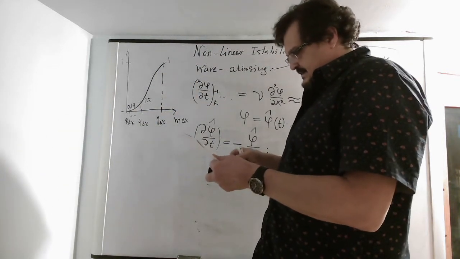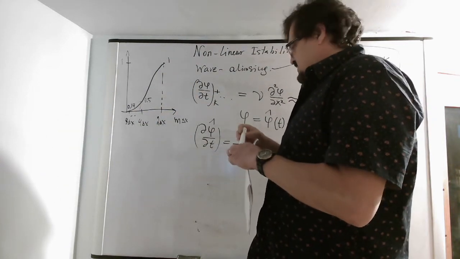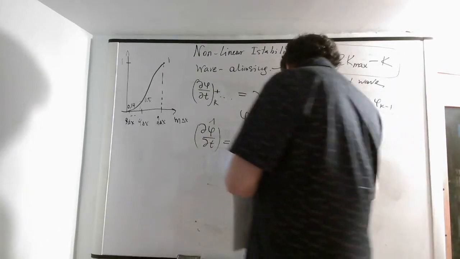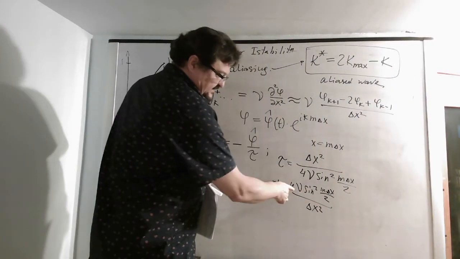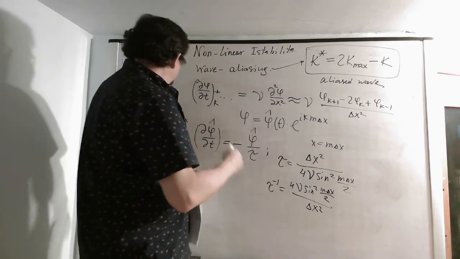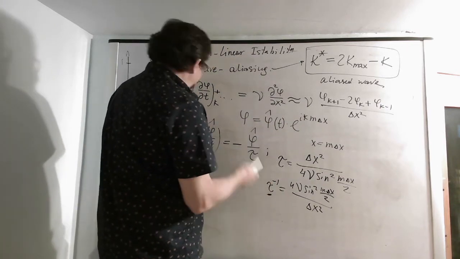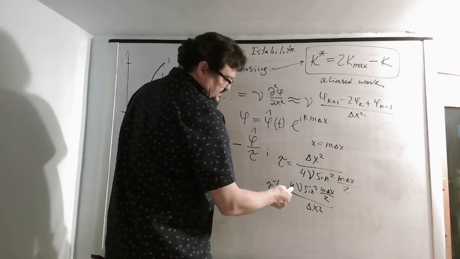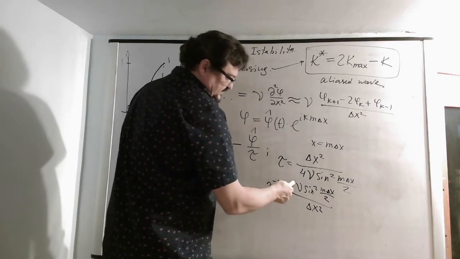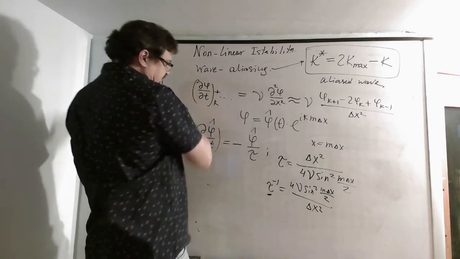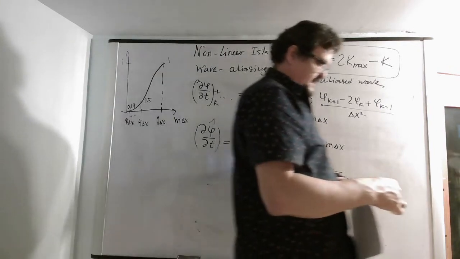Of course, now it depends on nu. So you need to multiply to find the actual tau. What we plotted is just 4 sine squared, over delta x squared, so you need to multiply by nu to get the actual tau.